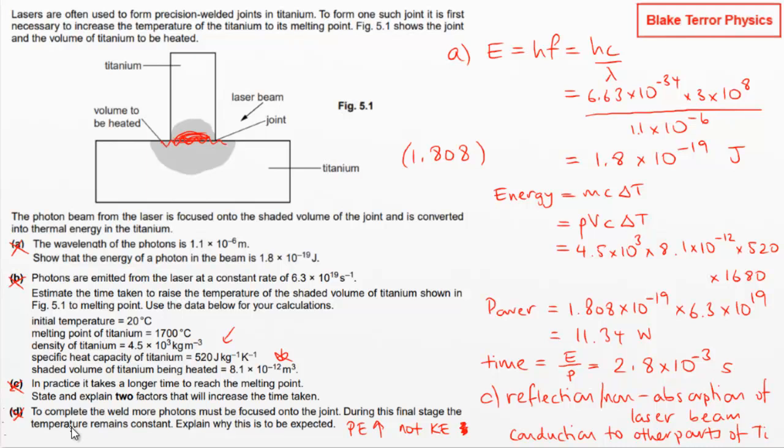Another way of putting it is we've got latent heat of fusion going on here. In our latent heat phases, in our transition from one phase of matter to another, we're not getting temperature rises. So that's quite a simple one to finish on.